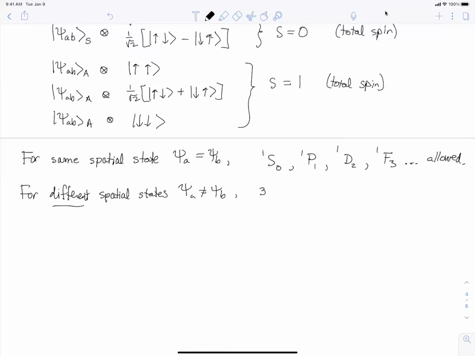So I'm going to get 3S1, 3P0, 3P1, 3P2, etc. Also, in addition to the ones that were allowed up here. So this spectroscopic notation is just a fancy way of saying what are the allowed combinations of different angular momenta allowed by Fermi statistics.